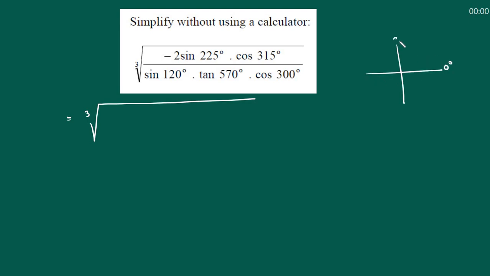Remember 0, 90, 180, 270 degrees, and then 360 degrees. Right, and then remember 225 degrees, it is in this quadrant, isn't it? Because it's between 180 and 270.